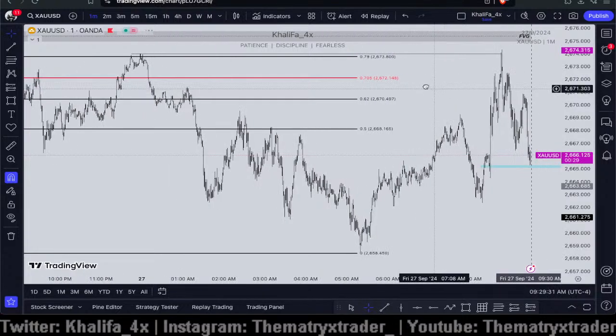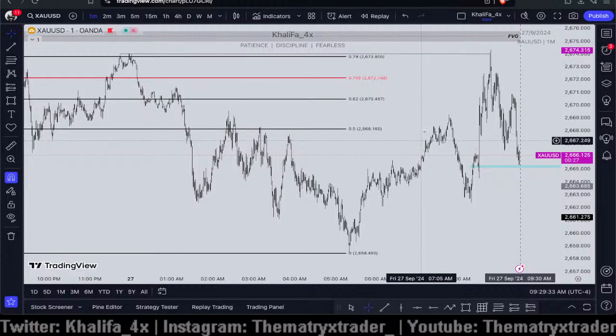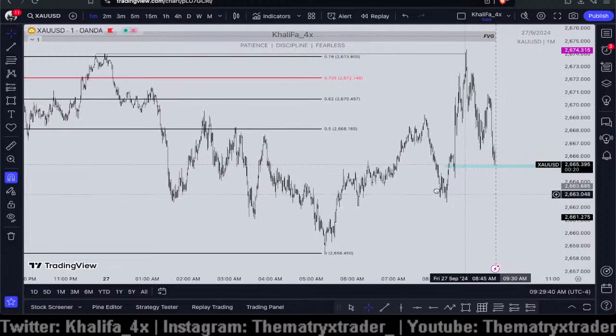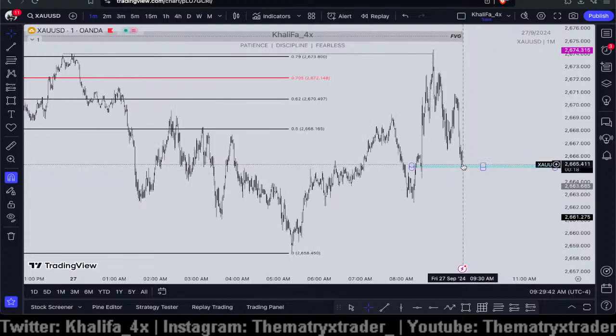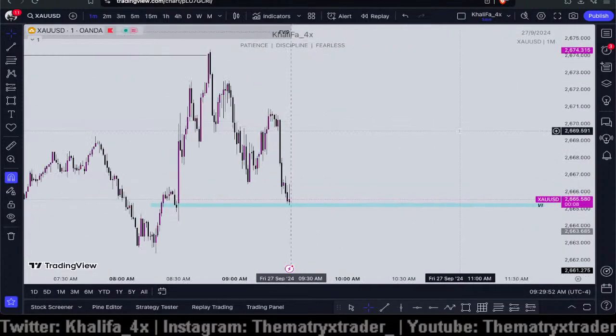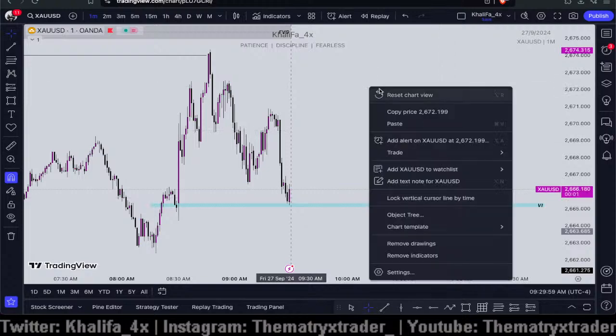Now what I'm expecting in gold is that it could act as a turtle soup. This thing. See that? This would be our buy.